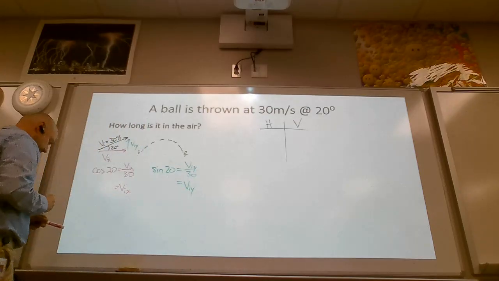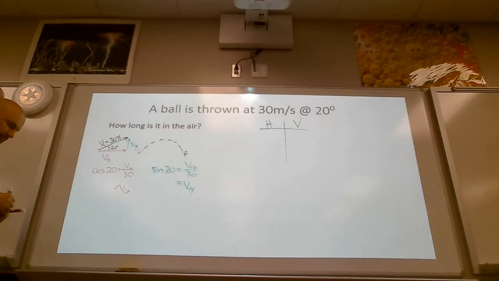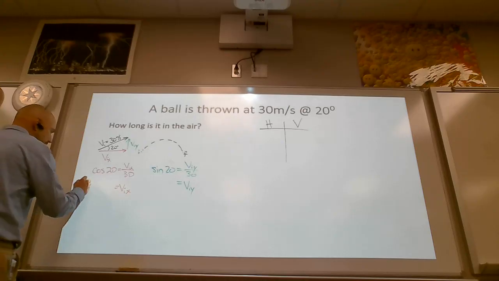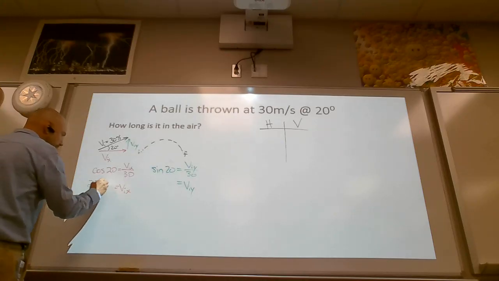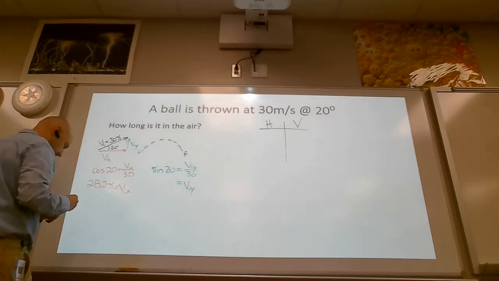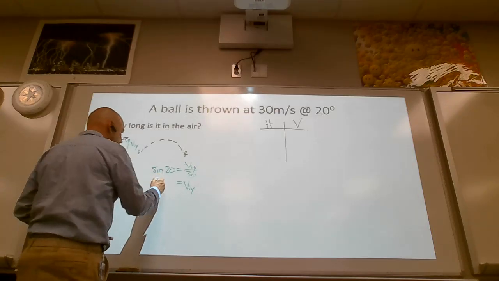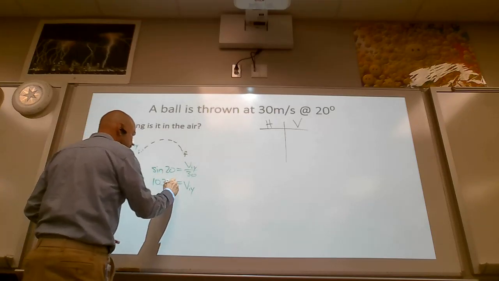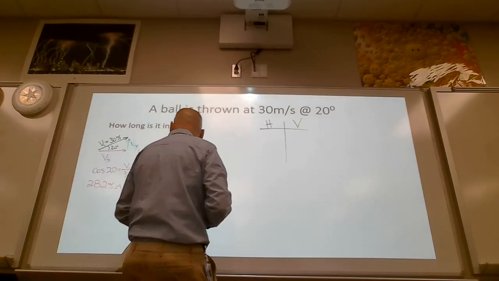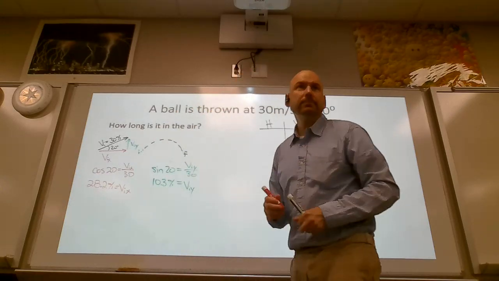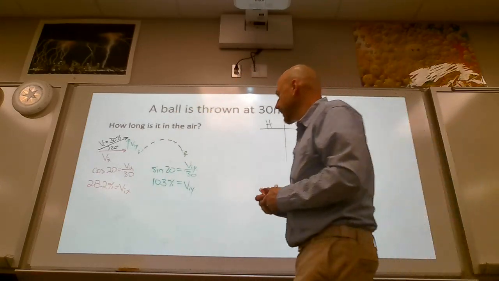Okay, tell me, what was your initial horizontal velocity? VIX was 28.2 and VIY was 10.3 meters per second. Okay? Now, can I stick this in the chart? Red and the green. Yes.